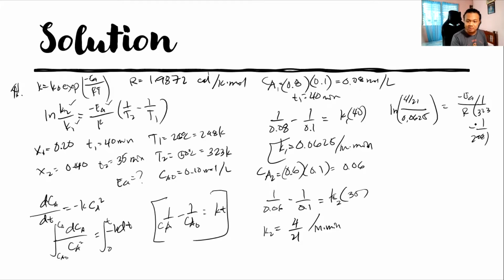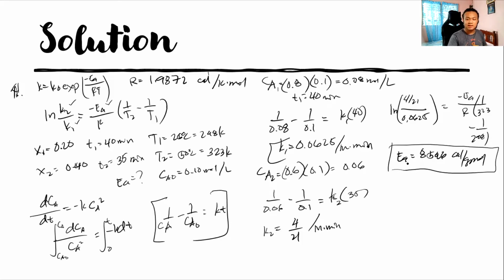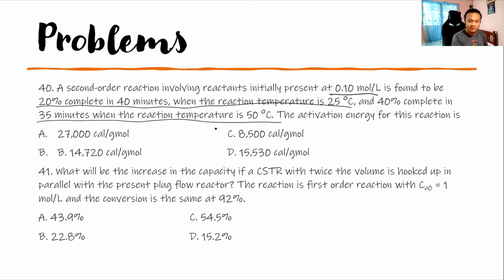Okay? So don't forget the R that we will use is this value. Then EA, you can get 8,526 cal per gram mole. And that's letter C.